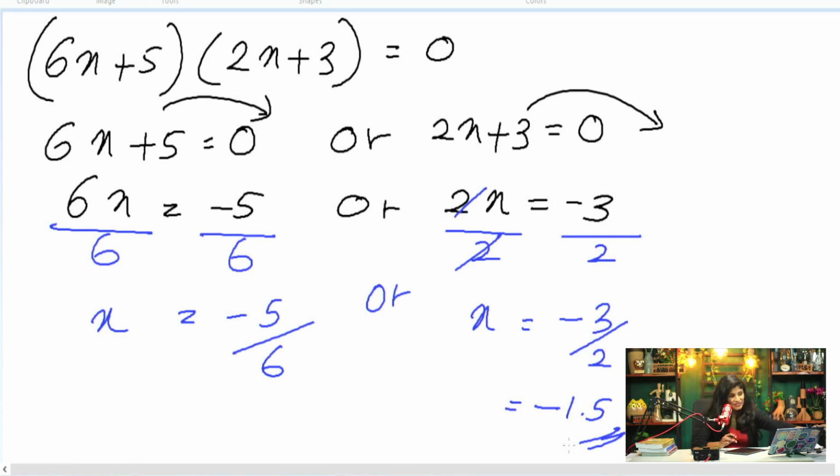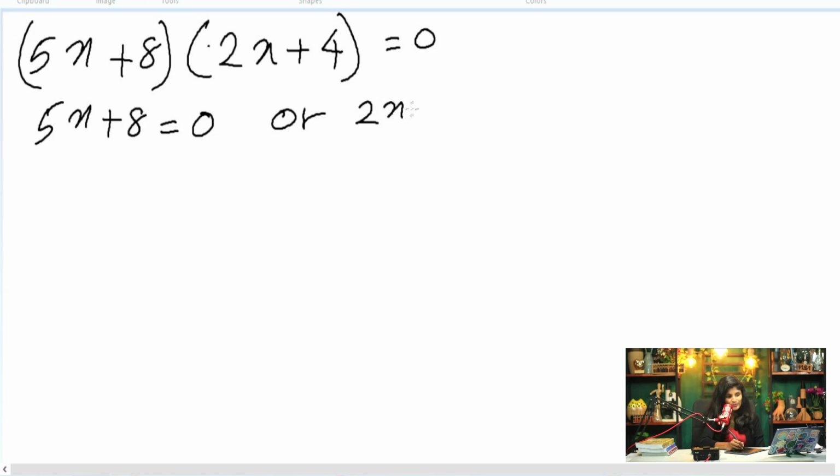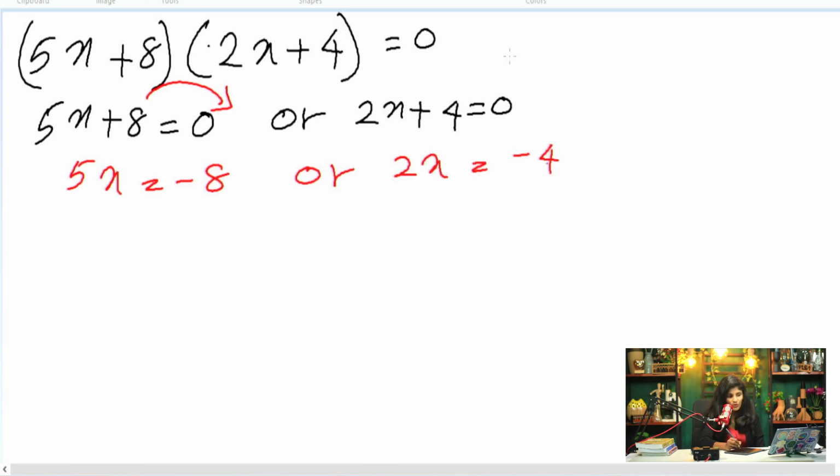The last question we are going to discuss under this topic is 5x plus 8 and 2x plus 4 equals 0. So, 5x plus 8 equals 0 or 2x plus 4 equals 0. Now, moving 8 to the other side, 5x equals negative 8, or moving 4 to the other side, 2x equals negative 4.